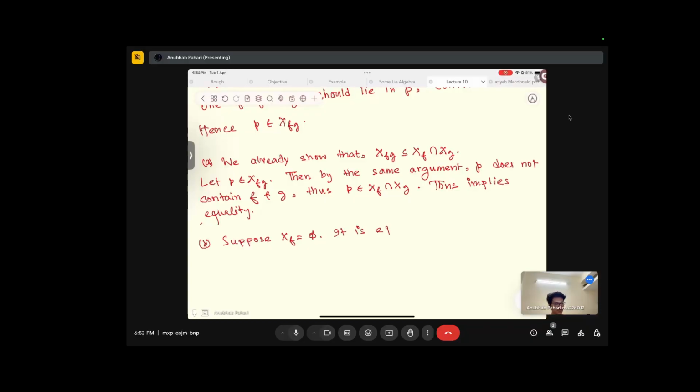It is equivalent to say that every prime ideal contains f.